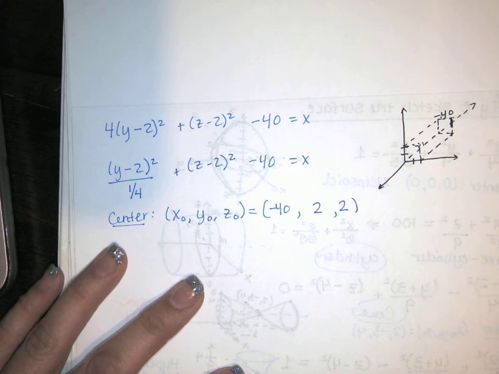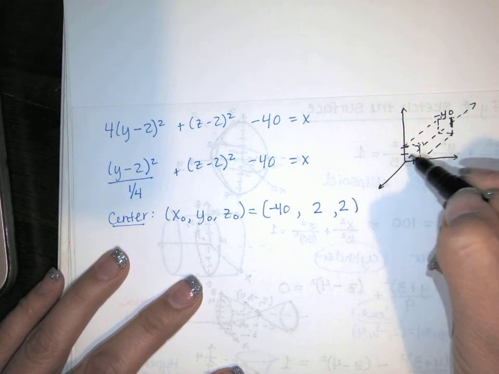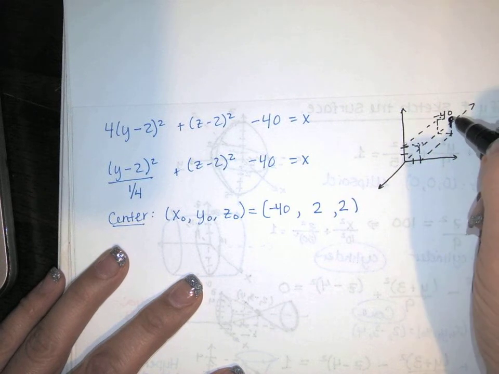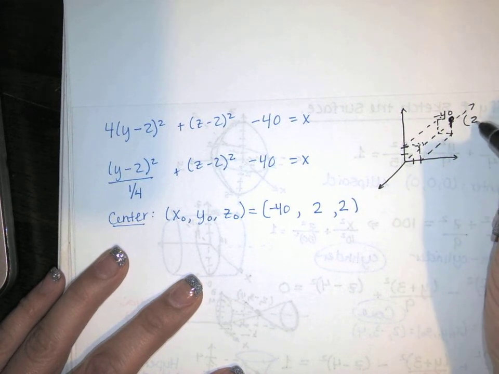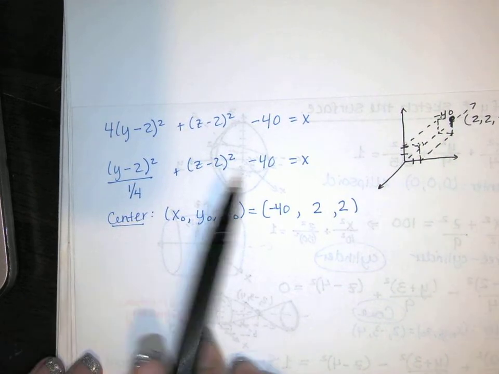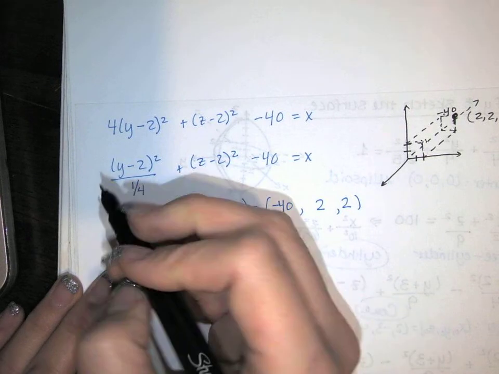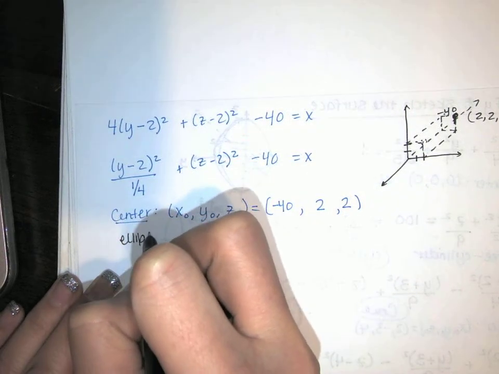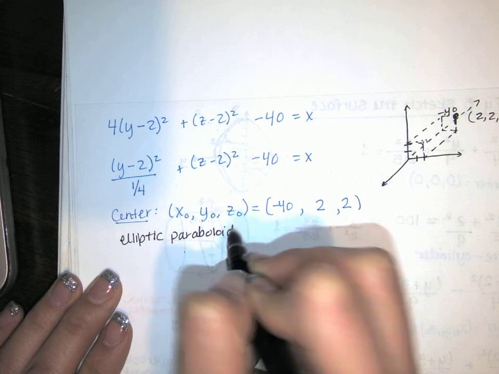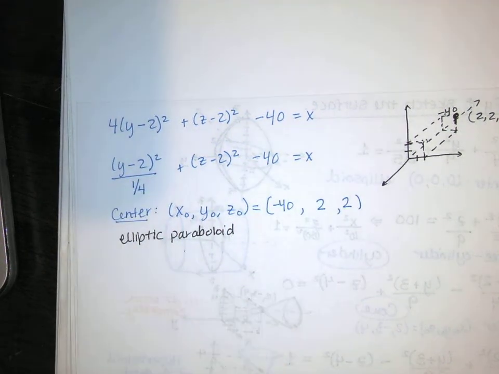Okay, so that's rough, but that's basically what it is. We go 2 units to the right, 2 and up 2, and back 40, and we're right here at 2, 2, negative 40. Well, this says I want an elliptic paraboloid, and I know it's an elliptic paraboloid because the y and z are both squared and they both have the same sign out front.